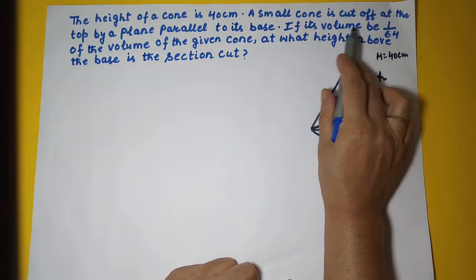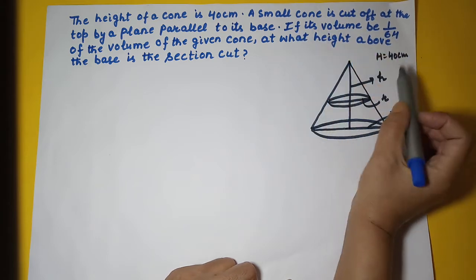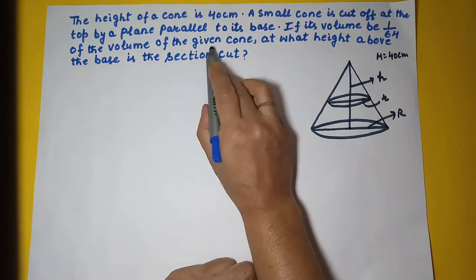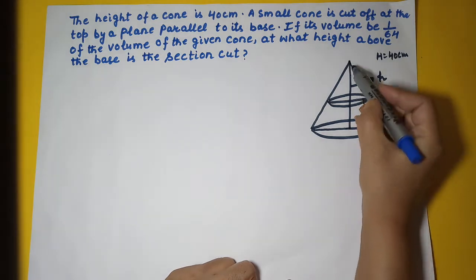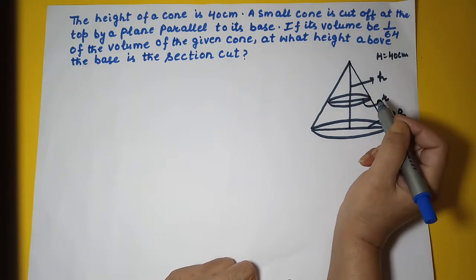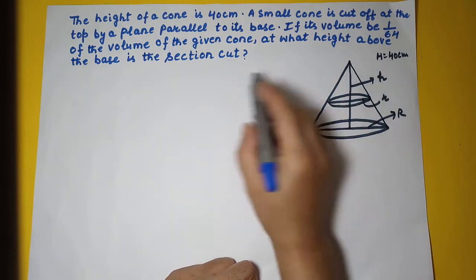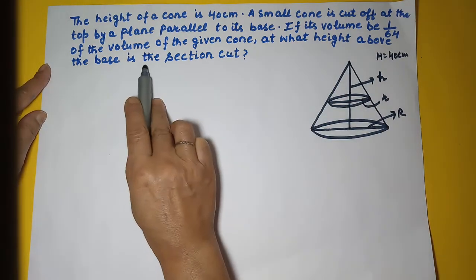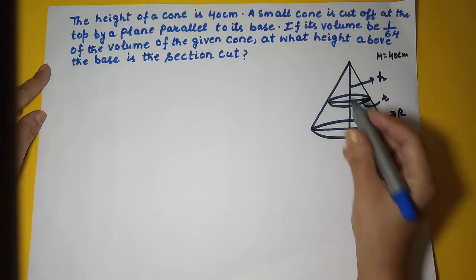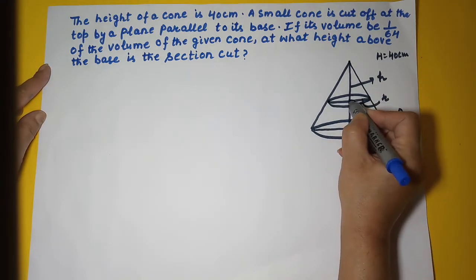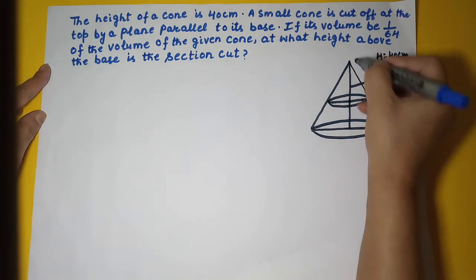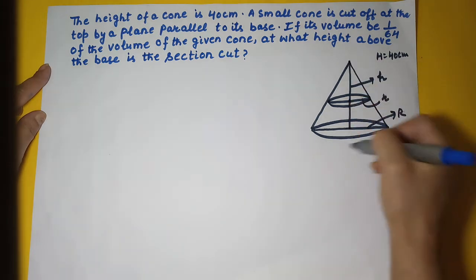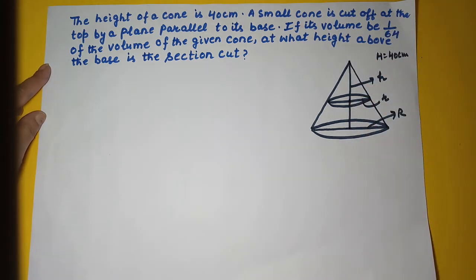If its volume be 1/64th of the volume of the given cone. Now the volume of this small cone is 1/64th of the volume of the given cone. At what height above the base is this section cut? So we have to find the height at which this cone is cut from the original cone, right?